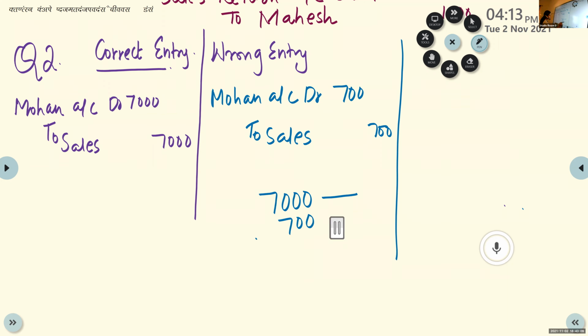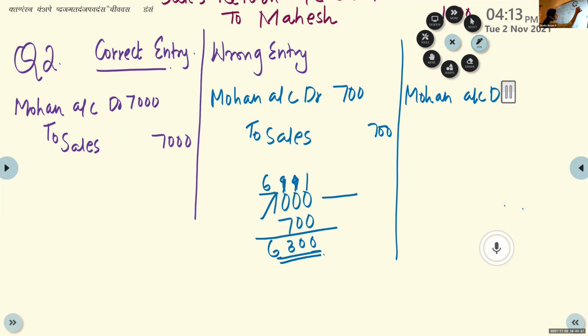So the balance amount, how much is it? 6,300. 6,300 more should be written. So Mohan account debit 6,300 to sales account 6,300.